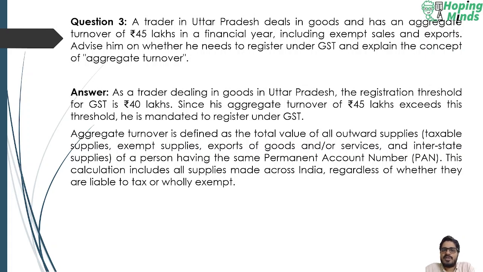Whereas in case of services, this limit is rupees 20 lakhs. So as a trader dealing in Uttar Pradesh, the registration threshold for GST is rupees 40 lakhs in this example. Since his aggregate turnover is rupees 45 lakhs, that exceeds this threshold, he is mandated to register under GST. So in this case, the trader situated in Uttar Pradesh is mandatorily required to get enrolled under the GST.